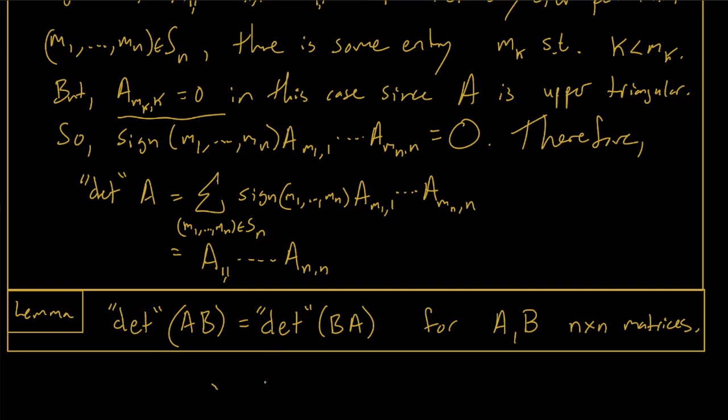So the terms in AB and the terms in BA all contain the same information, right? That is, if you're going across a row in A and down a column in B, you're basically getting the same stuff as if you go across all of the rows of B and down all of the columns of A. So this and this, while they can be totally different matrices, are all derived from exactly the same information, just mixed up a little bit.